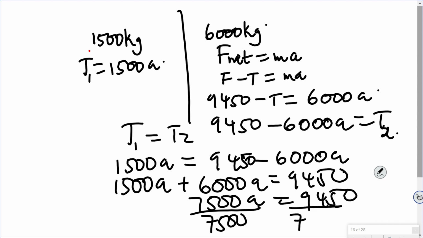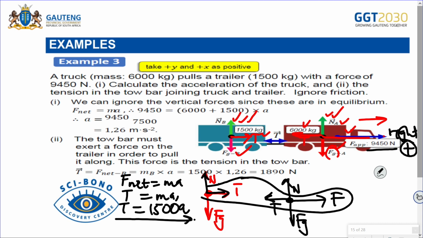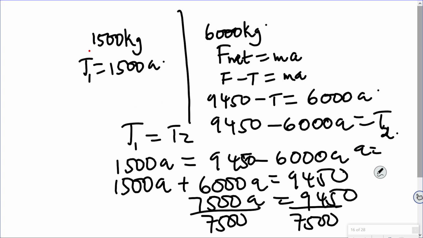Then we get the magnitude of A, which is 1.26 meters per second squared in the original direction of motion, in this case to the right. That is how we can find the acceleration. After getting the acceleration, we can find tension.